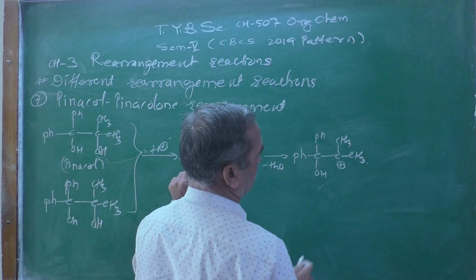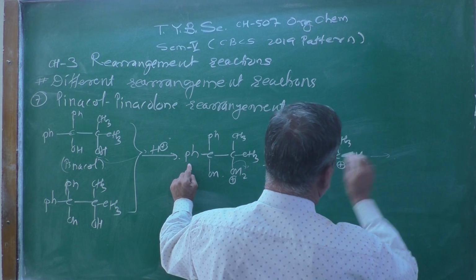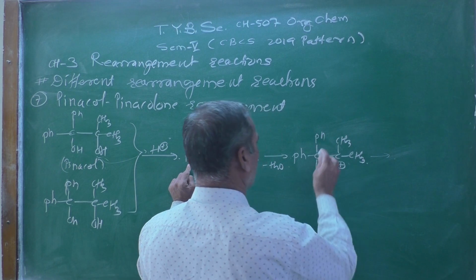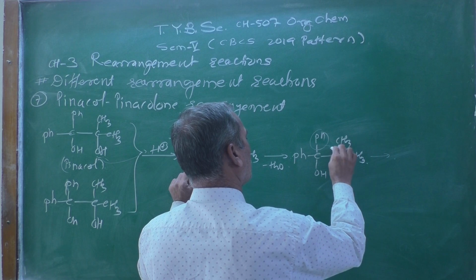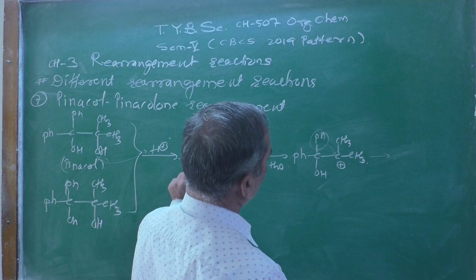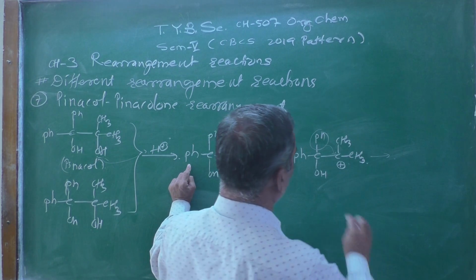It is still what we can call a stable one, but this phenyl group is migrated from here to here. What do you get?